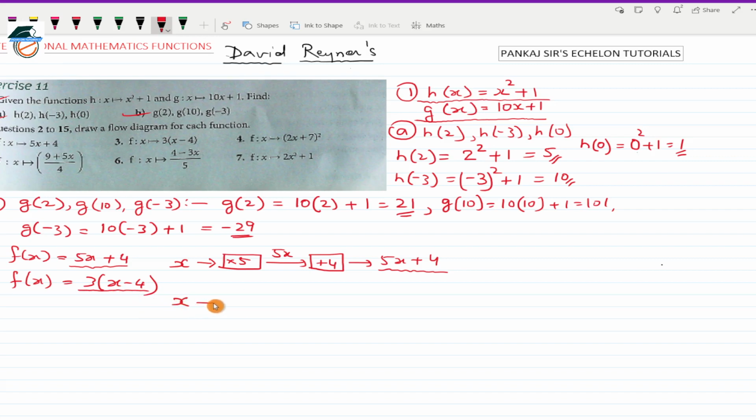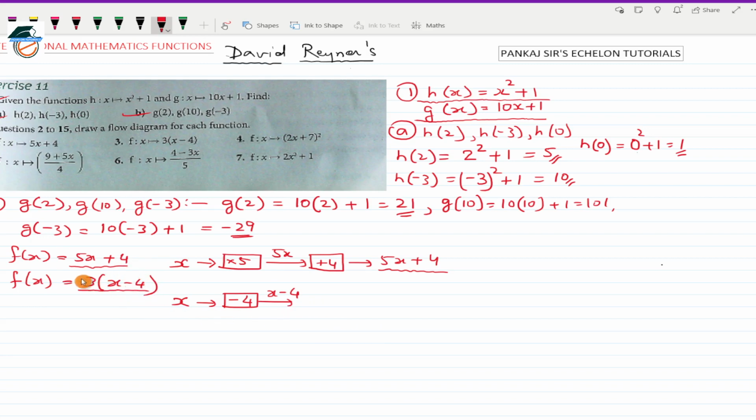So take x. x goes into a function factory. First, what happens to x is that it gets added to minus 4. So I'll write here minus 4. This will give me x minus 4.